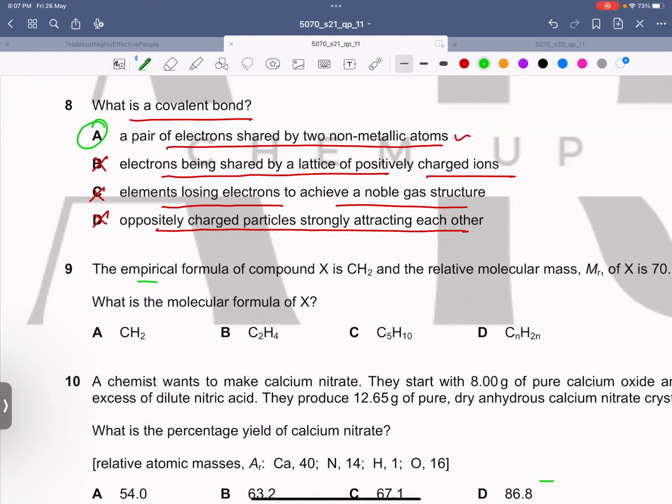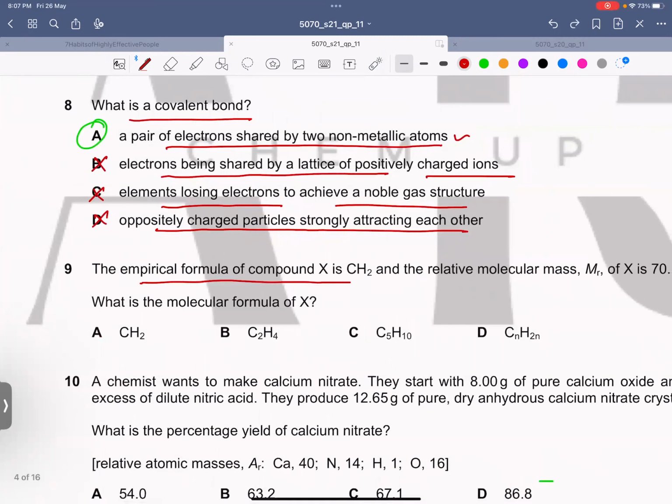Now question number 9. The empirical formula of compound X is CH2 and the relative molecular mass Mr of X is 70. What is the molecular formula of X?